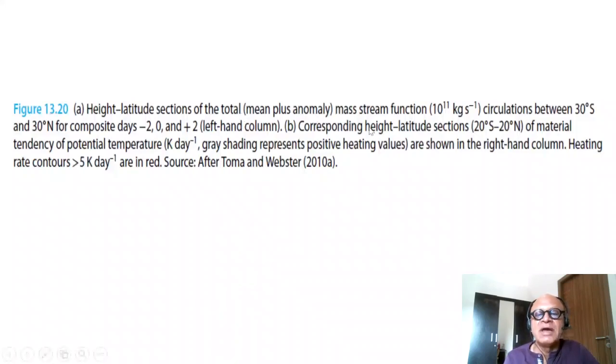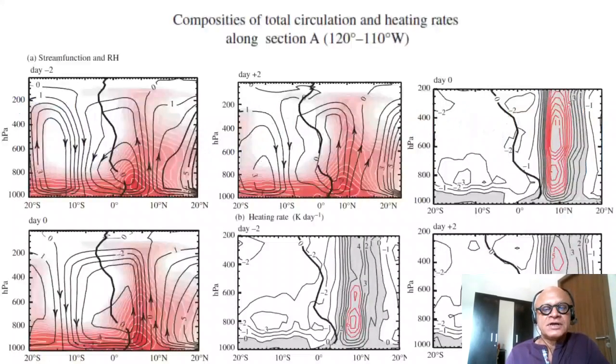We are not doing any bandpass filtering of the mass stream function circulations and corresponding height latitude sections of material tendency of potential temperatures in Kelvin per day. Okay, so d theta dt or theta dot, as we have been writing it in terms of diabatic heating rate. Gray shading represents positive heating values. So the heating rates are 5K per day, which is significant.